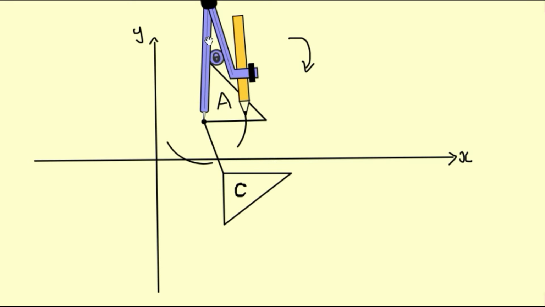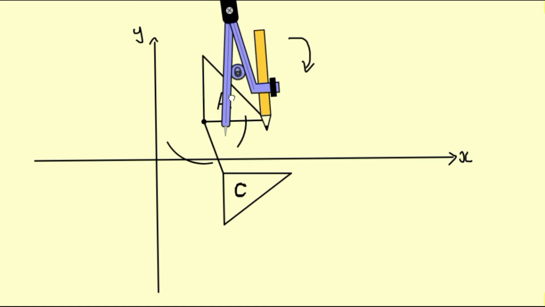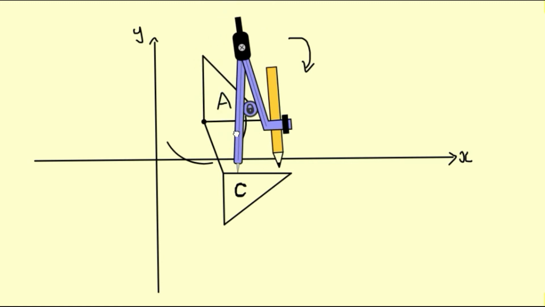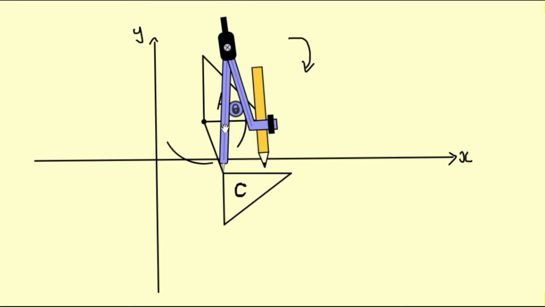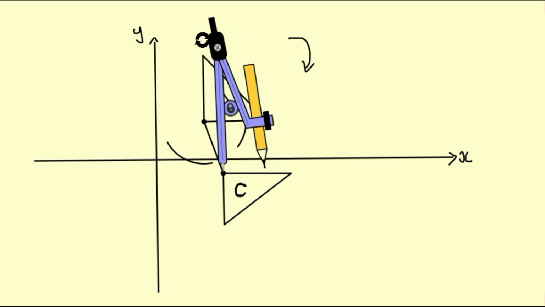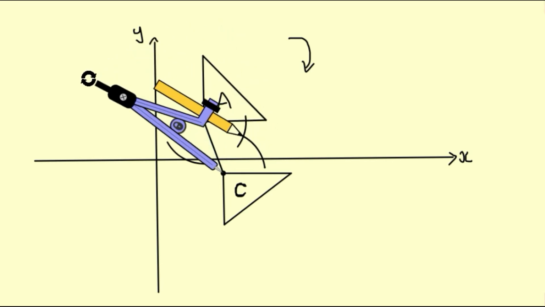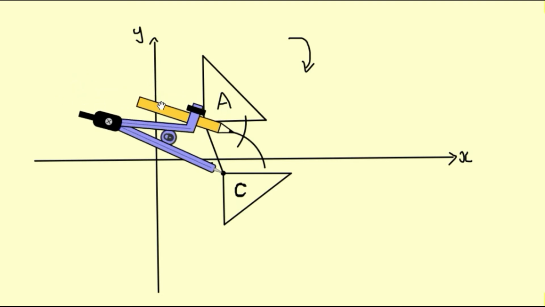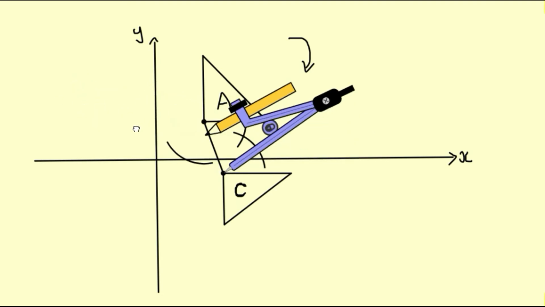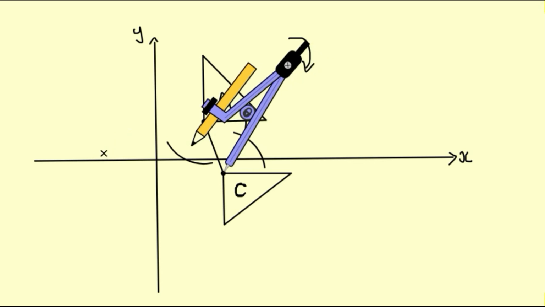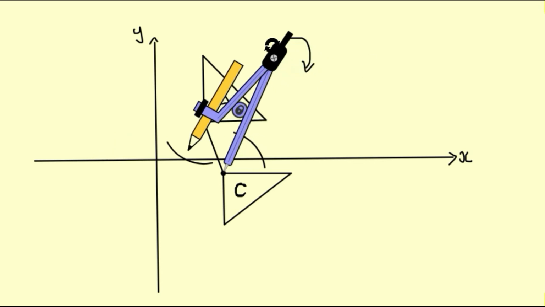Now take your compass to the other end of that line segment. Then you can cut this arc like this. Now take it to the other side. There also you can cut this arc.